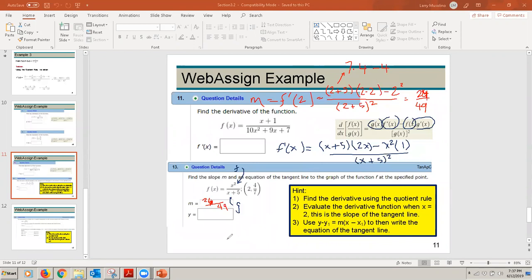All right, now let's go ahead and find the equation of the tangent line. So I'm going to use this formula that says y minus y1 equals m times x minus x1. Our x1 was 2, and our y1 was this 4/7. So I'm going to plug in: y minus 4/7 equals m, that's 24 over 49, times x minus 2.